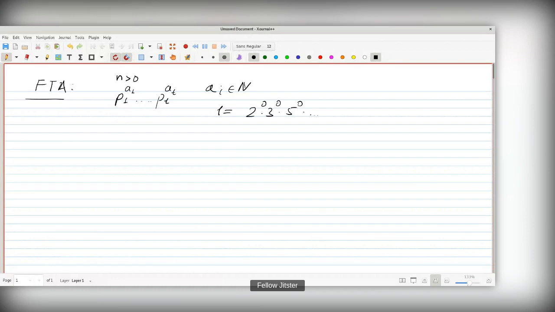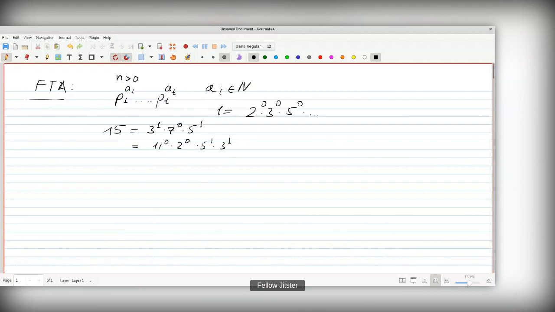And what does it mean that this representation, this factorization, is unique? Say 15 may be expressed like 3 to the power 1 multiplied by 7 to the power 0 multiplied by 5 to the power 1. And another representation is 11 to the power 0, 2 to the power 0, 5 to the power 1, 3 to the power 1.